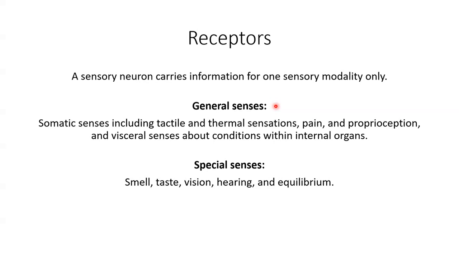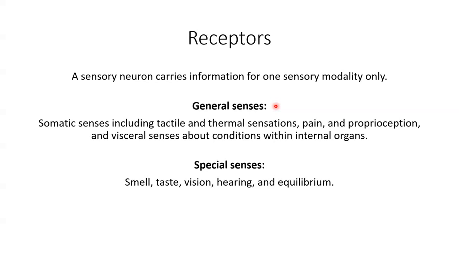Thermal sensations such as warmth and cold, as well as pain and proprioception. And proprioception is the body's ability to sense its position, its movement and its actions in space without relying on vision. So it's how you can close your eyes and put your finger on your nose without actually needing to see your nose.